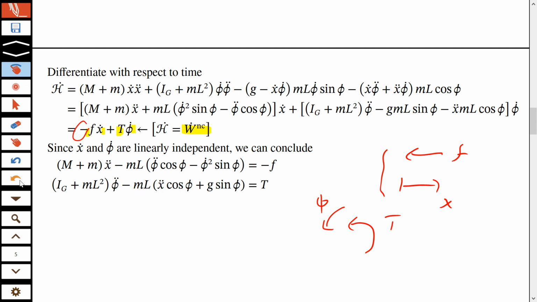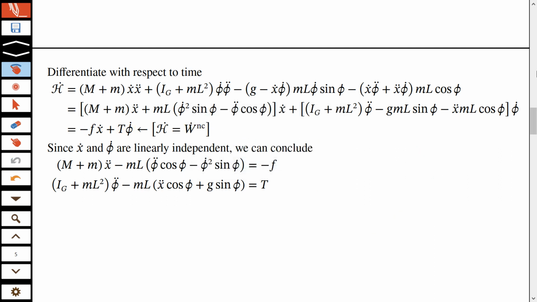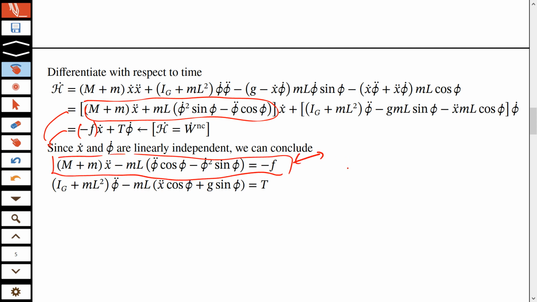But what is more important is this matching. So this minus F must equal this coefficient of x dot, and that gives us one equation for free, the first equation.